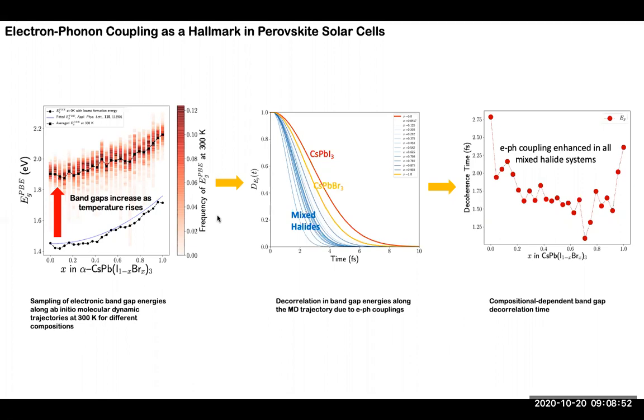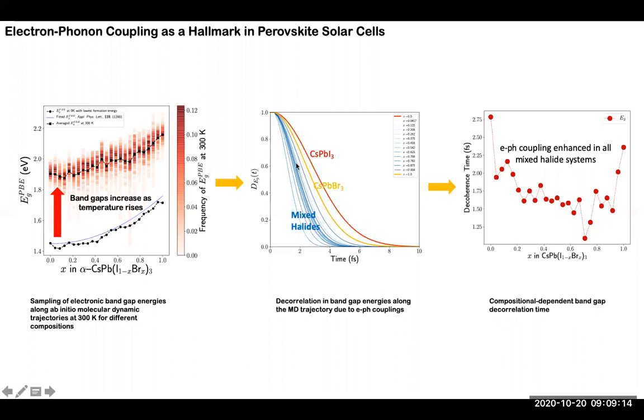Now, that's still a static picture of how the band gap energy changes at 300 K. What happens is that because the atoms vibrate and there's a strong electron-phonon coupling, the phase relationship of the electronic wave function will be lost over time.